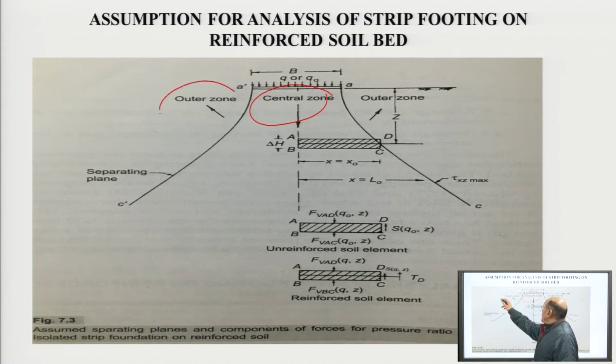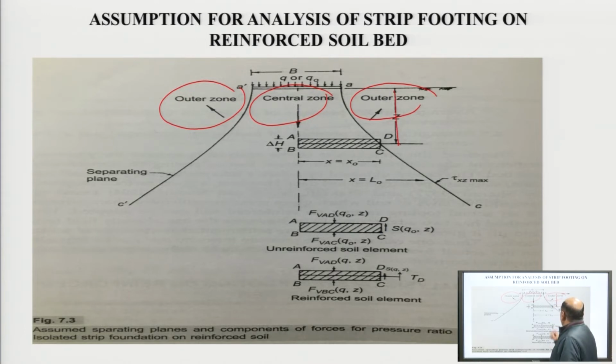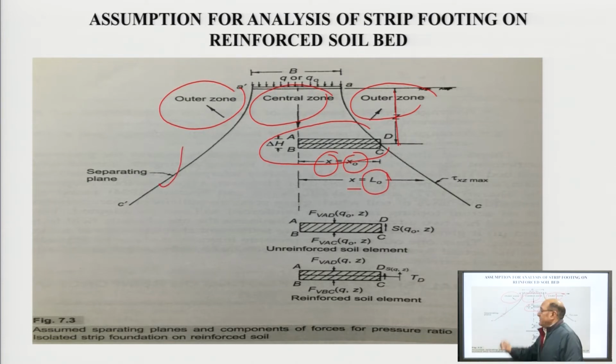This is the outer zone, zone 2 as we have said, and this is the depth of the elements having a height delta H, and the element is A, B, C, D. Here x is equal to x0, so x will be equal to L0. This is the separating plane.